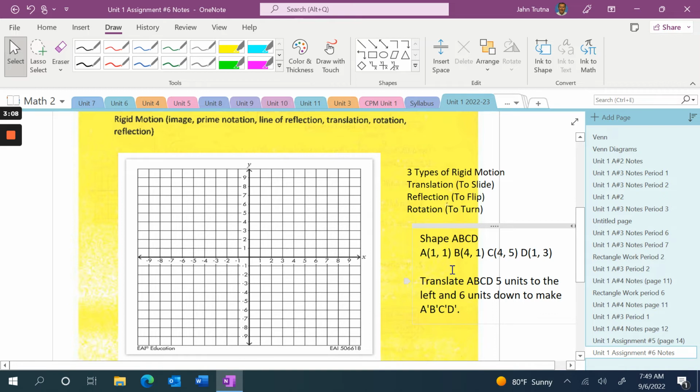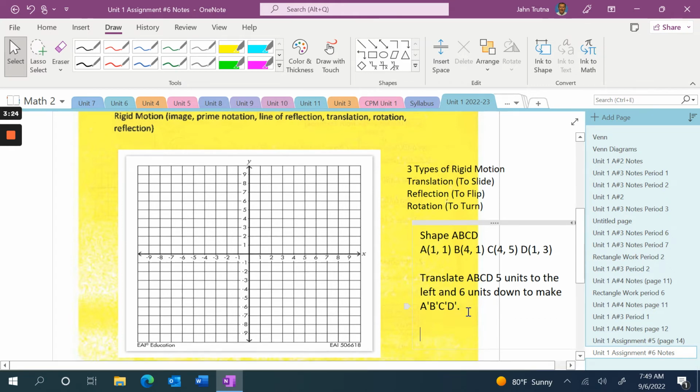So whenever we're doing a rigid motion, whenever we use this symbology, that A with the apostrophe and the B, the C, the D with the apostrophe, we call that prime. Okay, so that's the first thing we're going to do.